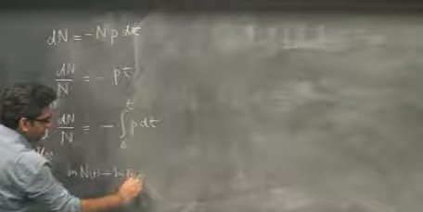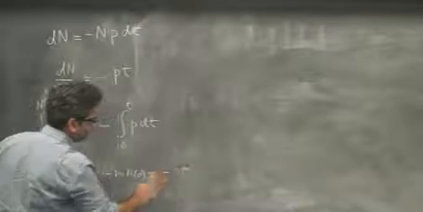Log n_t minus log n0 that is equal to minus p t, or I can quickly write this n_t over n0 equals to e power minus p t.